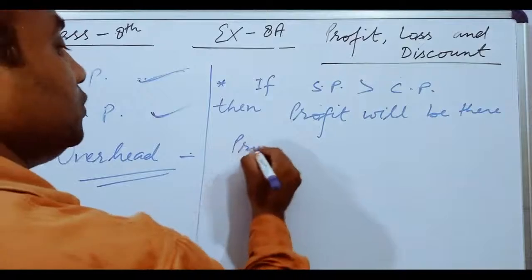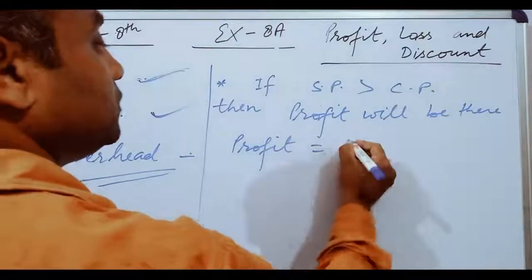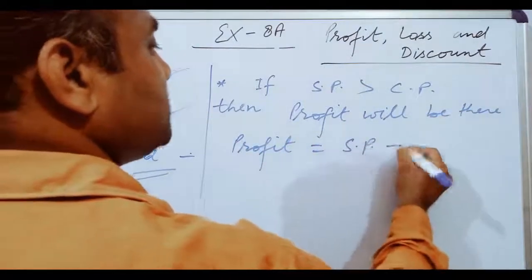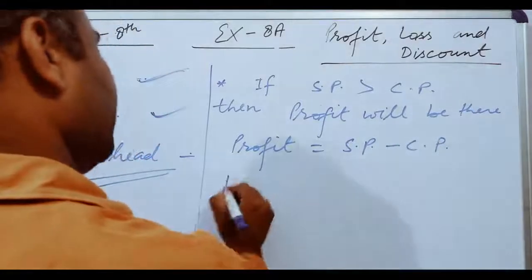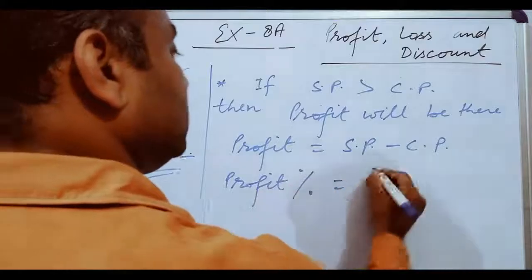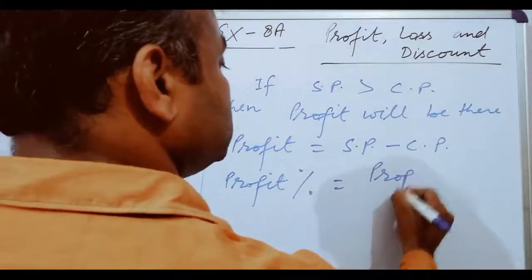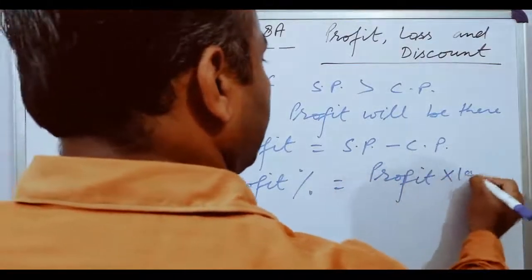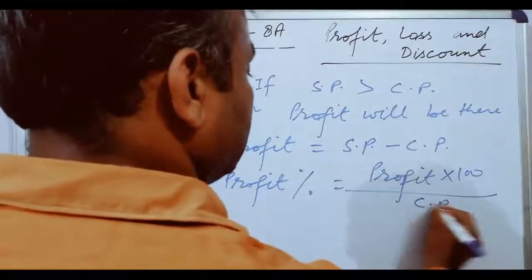So profit equals SP minus CP, and profit percent equals profit into 100 upon CP.